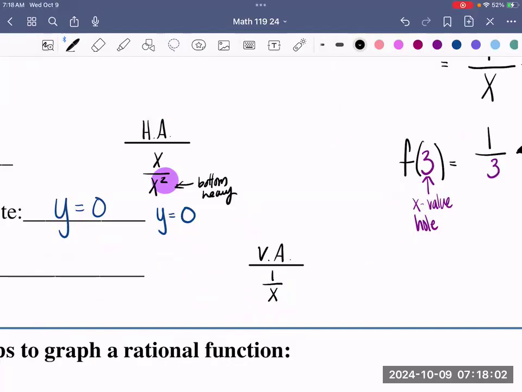We had 1 over x. We want to use your simplified form because we canceled out your factors. We found a hole. So now we look at your simplified form. Is there a value that we still need to avoid for your x? Well, we don't want x to be equal to 0 here. So we have a vertical asymptote at x is equal to 0.